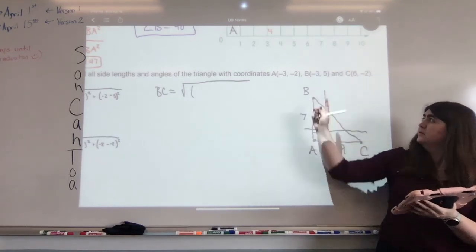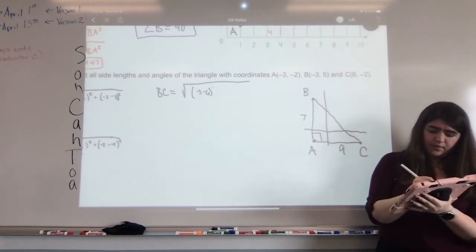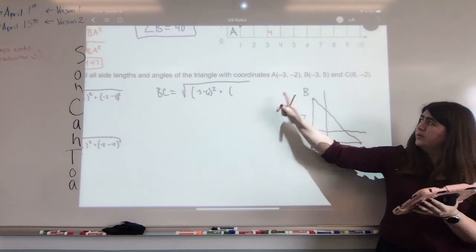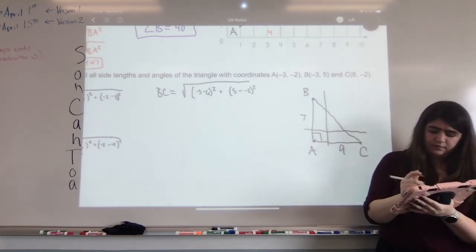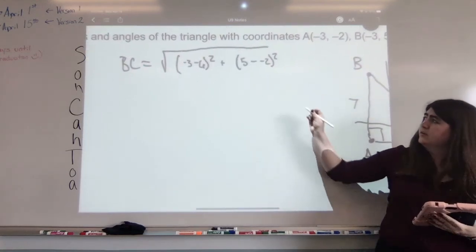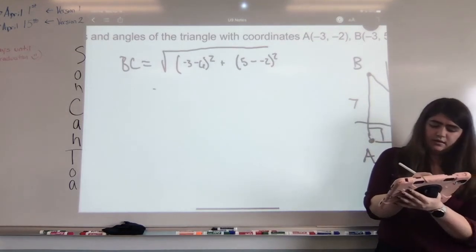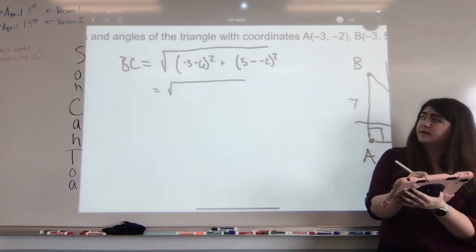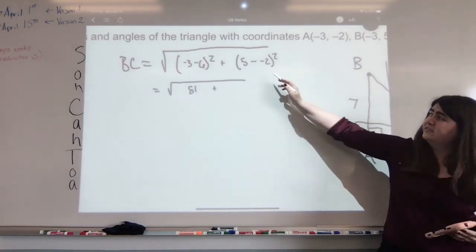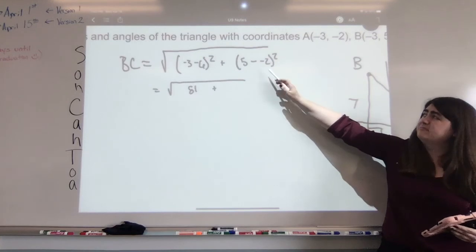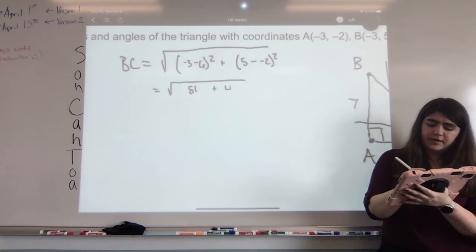So I have -3 minus 6 squared plus we have 5 minus -2 squared. -3 minus 6 is equal to -9, so that is -9 squared, which is 81, plus 5 minus -2 is the same as 5 plus 2, that's 7. 7 squared is 49.